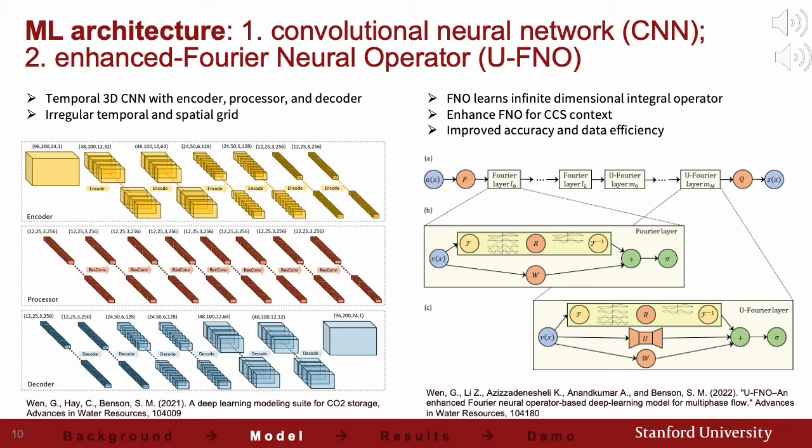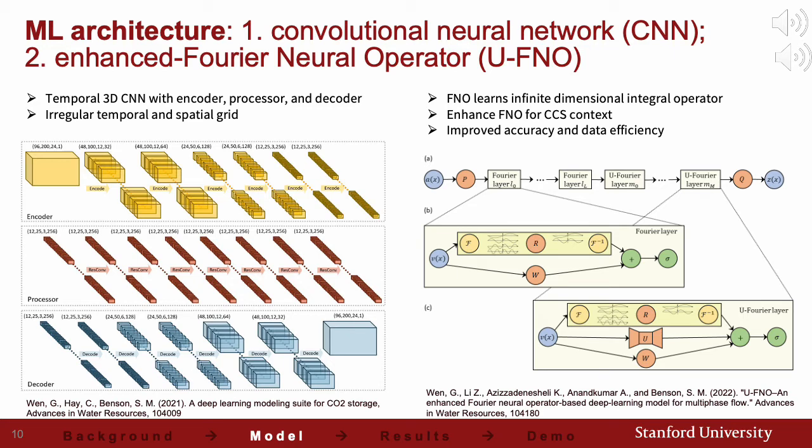There are two types of machine learning model architectures that we have used in our work. The model on the left is a convolutional neural network. This is a temporal 3D convolutional neural network that has an encoder, a processor, and a decoder. The left figure shows the schematic.